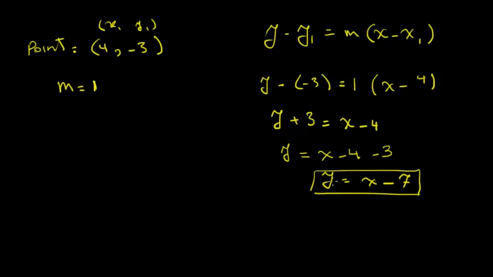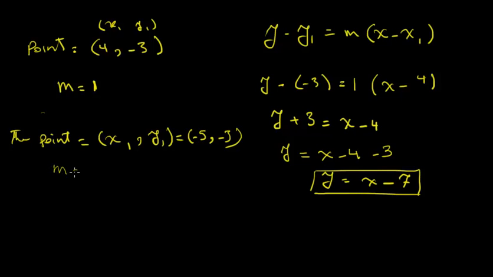Usually we manipulate point-slope form to slope-intercept form, and this is the most common form of writing an equation that you would see. Let's do one more practice for this form of writing an equation. A line passes through the point -5 and -3, so the point x1 and y1 equals -5 and -3, and the slope is 2.